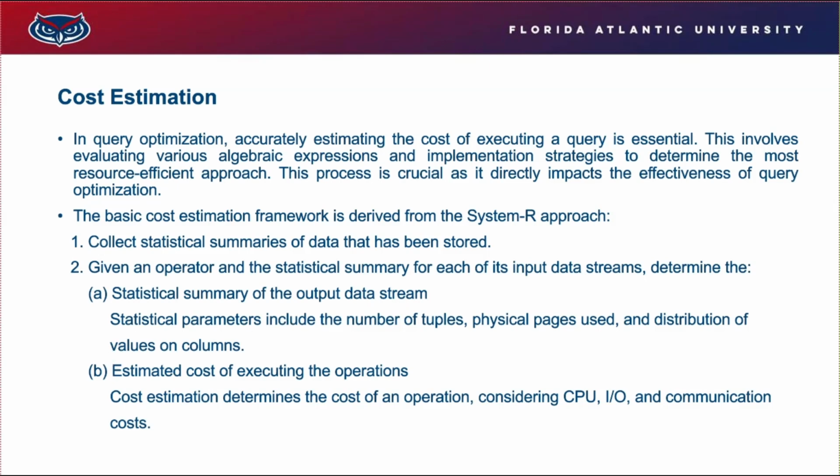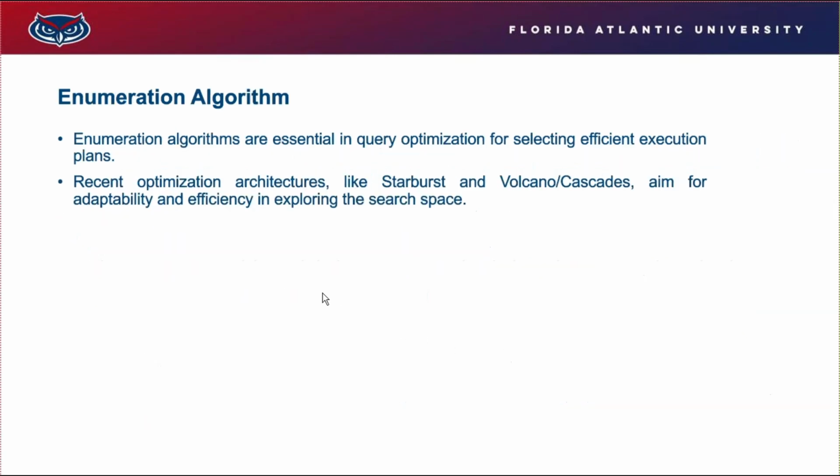Statistical parameters include the number of tuples, physical pages used, and distribution of values on columns, and estimating the cost for executing the operations. Cost estimation determines the cost of an operation considering CPU, input-output operations and communication cost.